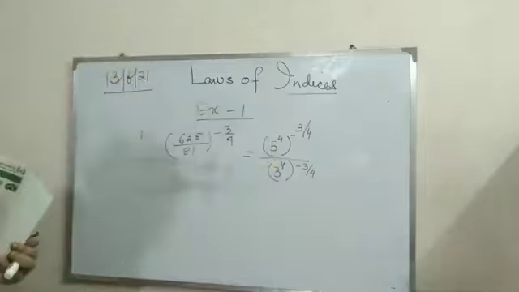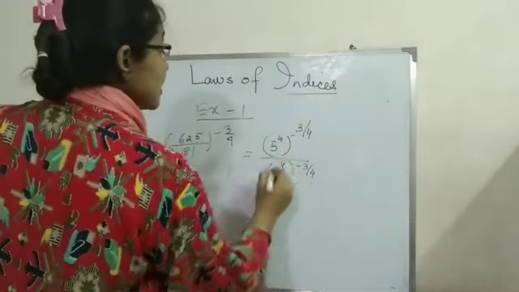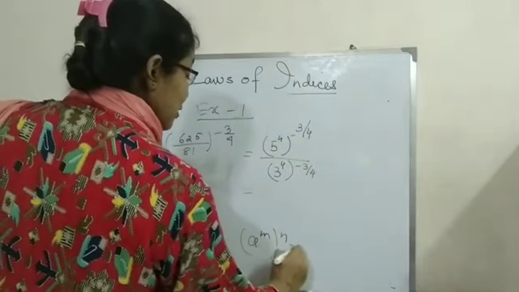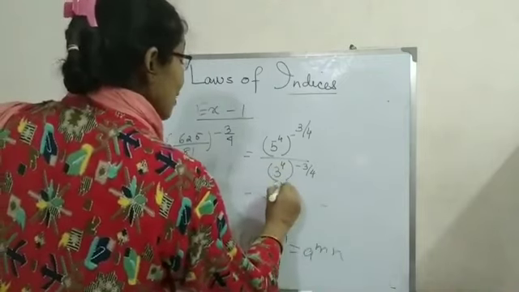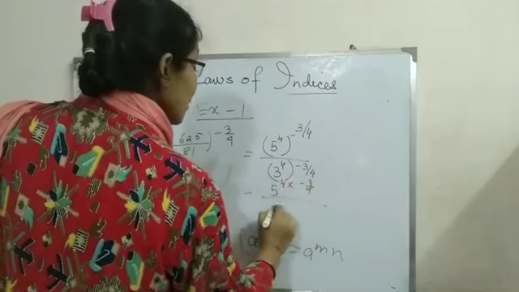After that, I will write it in this way. If I know a to the power m whole to the power n equal to a to the power mn, so I can write 5 to the power 4 into minus 3 by 4.